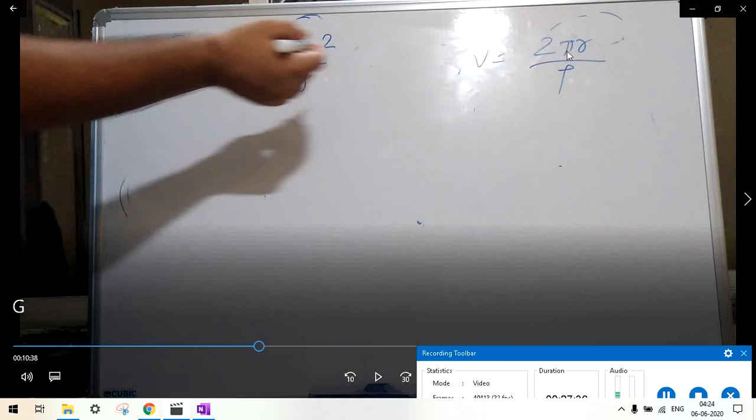And speed is equal to distance upon time. If T is the time period and the distance is 2 pi r, obviously the speed will be equal to 2 pi r by capital T.